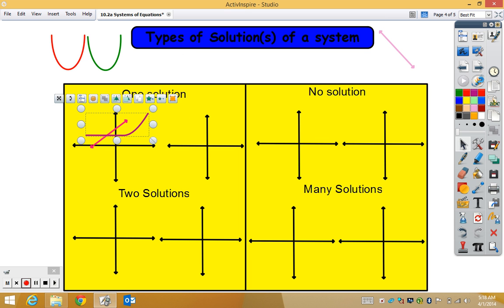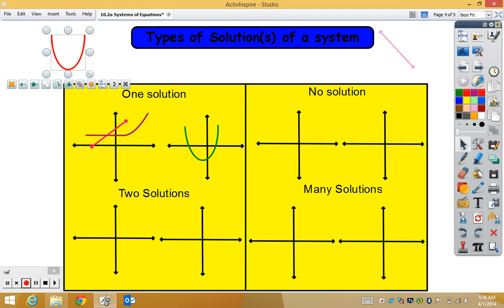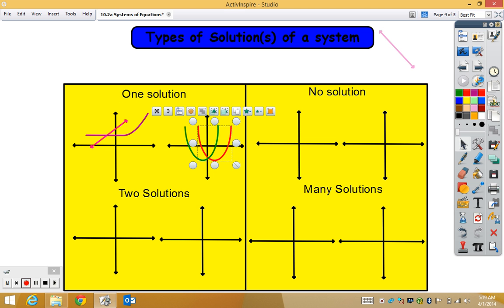They only have one solution. Or we could have maybe just 2 quadratics. They only both intersect one time. Actually, I'm going to take back the first one, because this one actually is going to intersect twice.